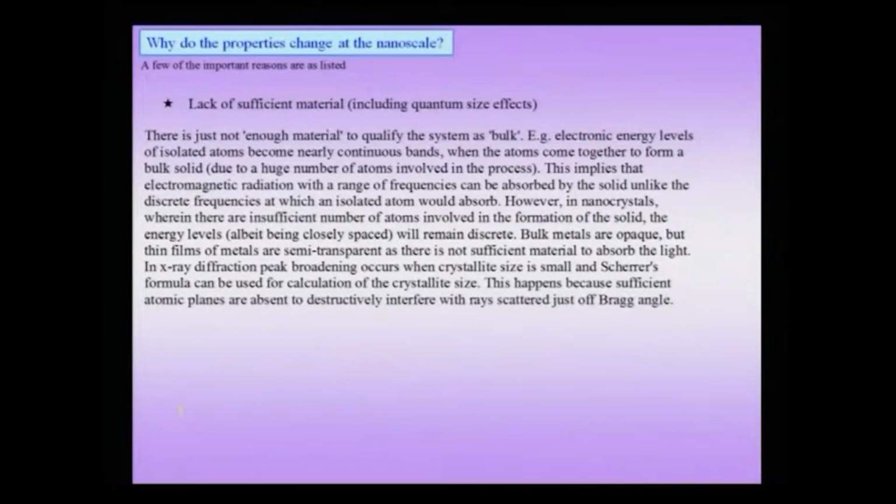We will start from one of the trivial or simple kinds of reasons, that there is actually lack of sufficient material, and we include here quantum size effects, but there is simply lack of sufficient material, and therefore the property changes. To give an example, if you talk about bulk gold, it is not transparent.